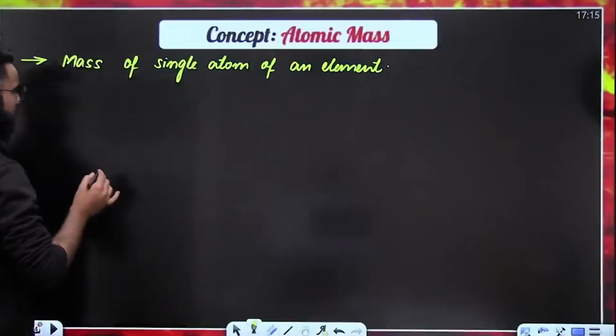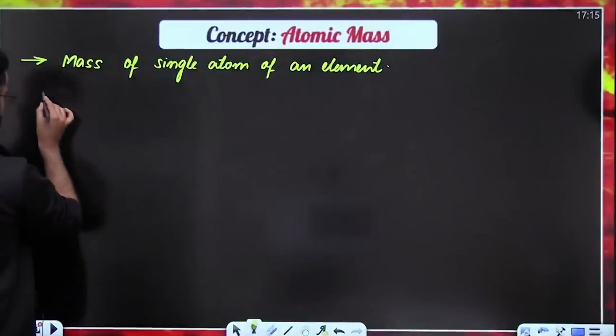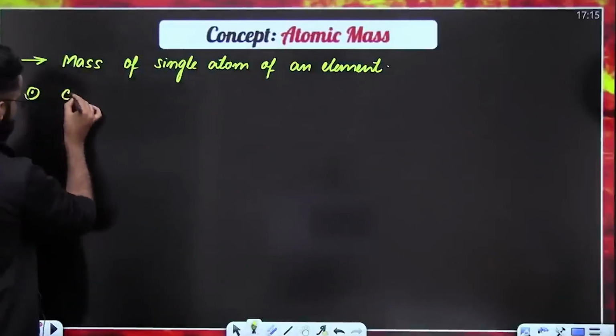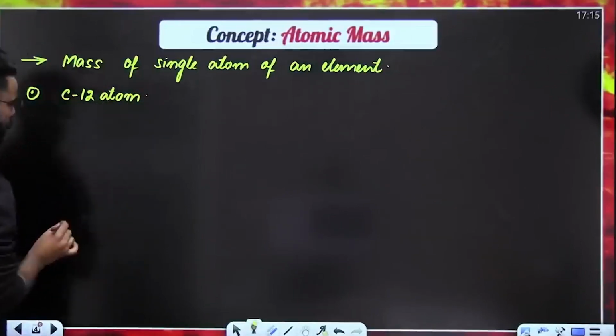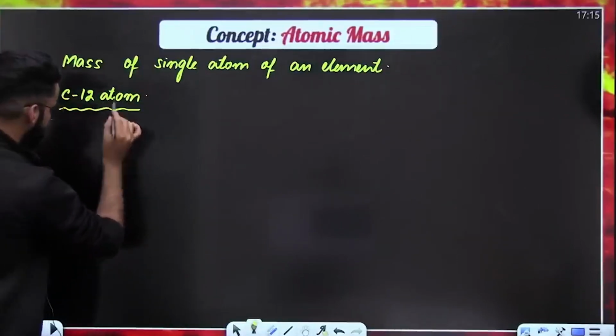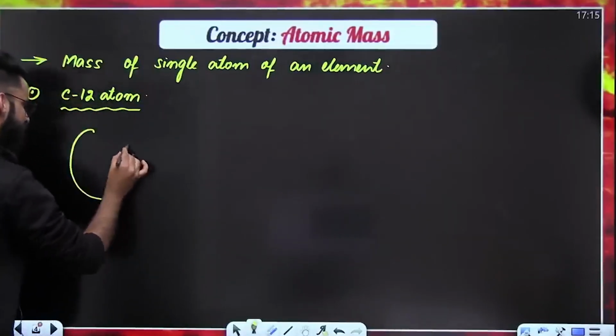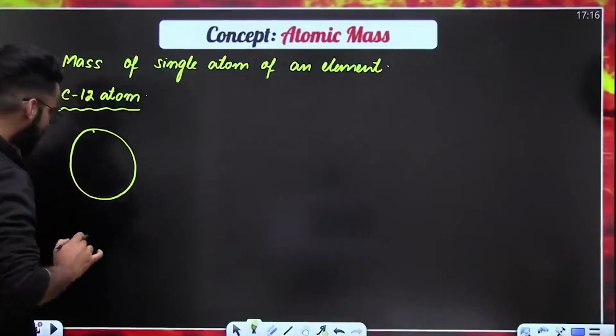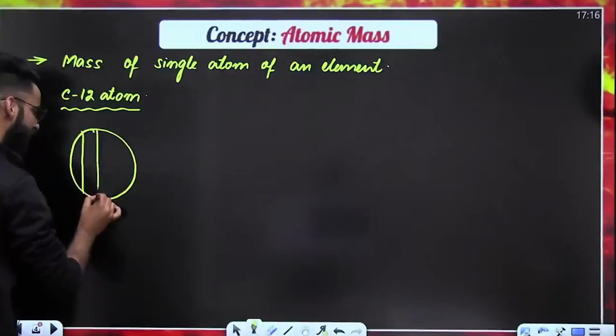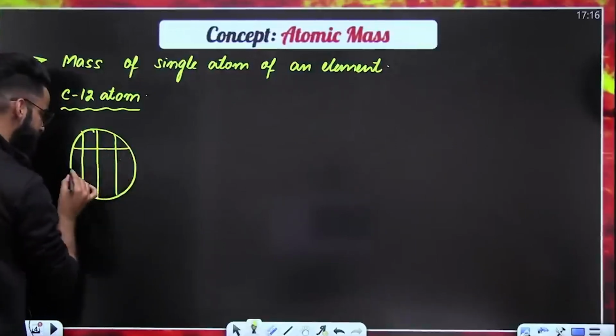My dear students, in order to make that standard, what will I be doing exactly? I will be taking a carbon 12 atom. Let's assume this is the carbon 12 atom over here which I have taken, right? Now people, I'll be simply dividing this carbon 12 atom into 12 equal parts.